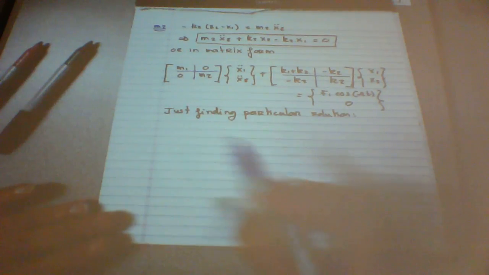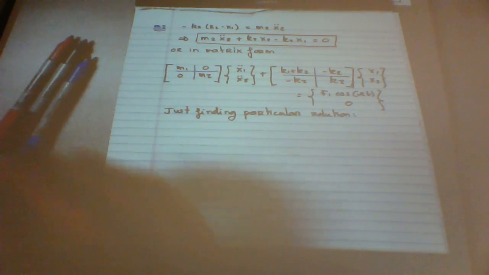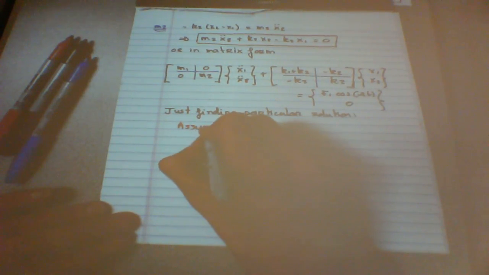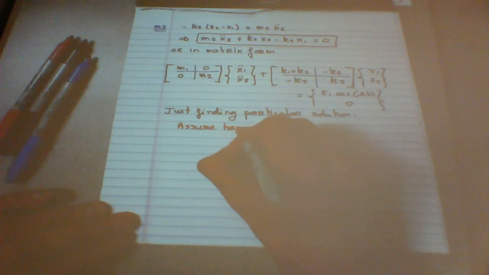So in that case, what was the procedure? First you assume a solution of the same form, with the same frequency as the forcing function.